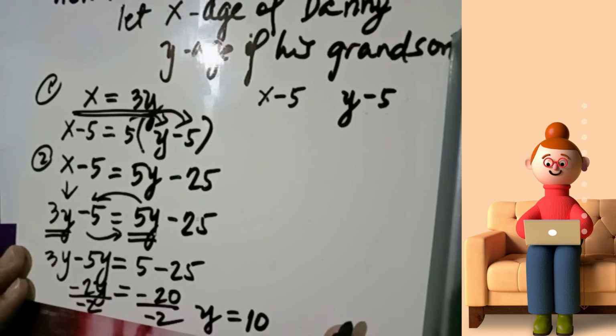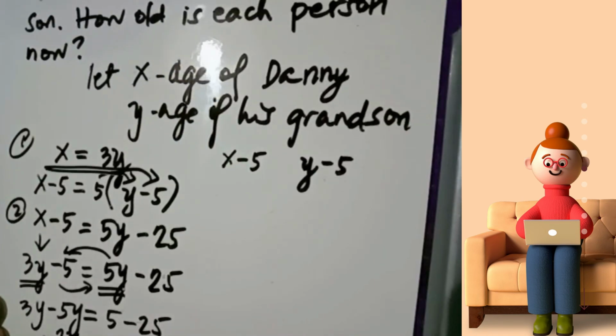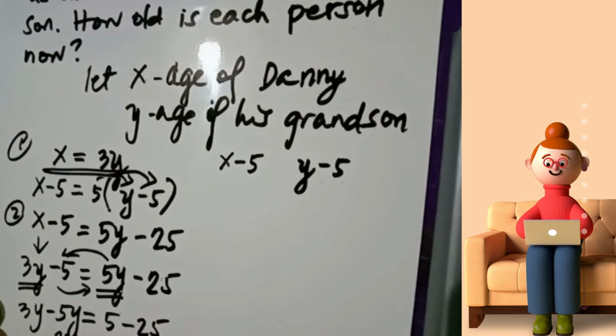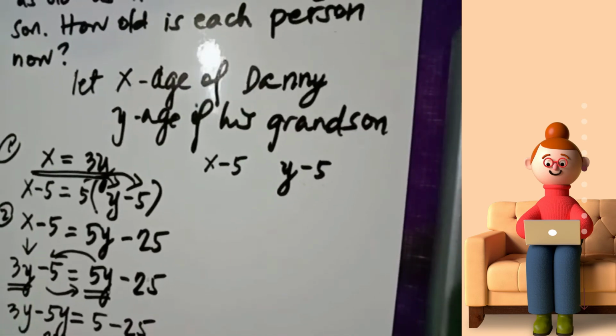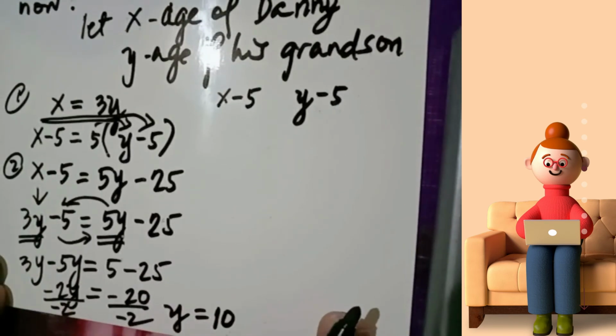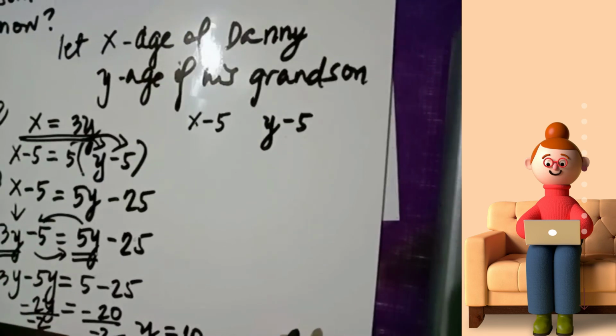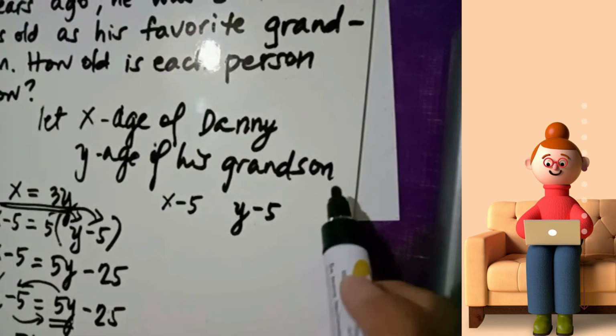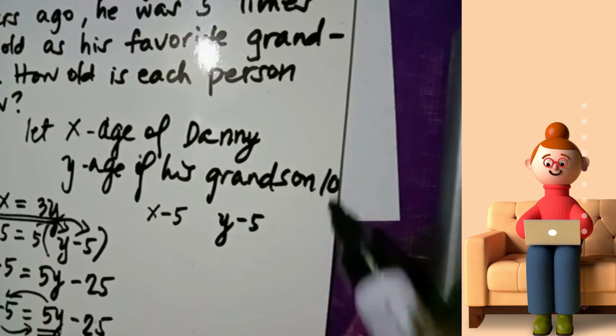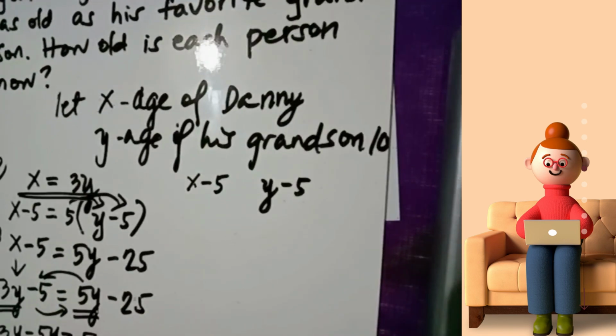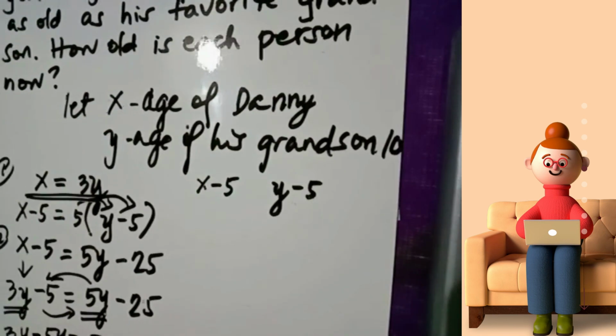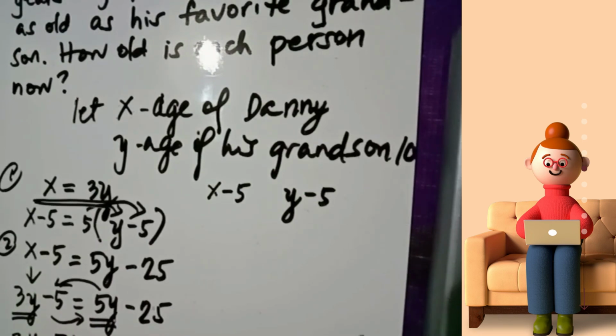Okay. So, the age of his grandson is 10. So, let's write it here. The age of his grandson is 10. So, now what we're going to look at is the age of Danny.